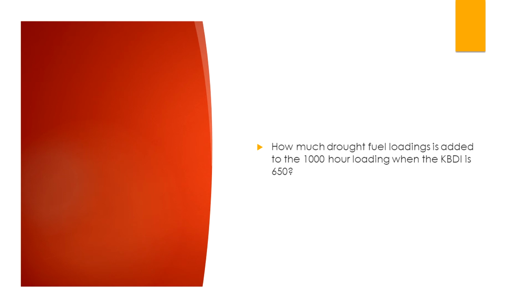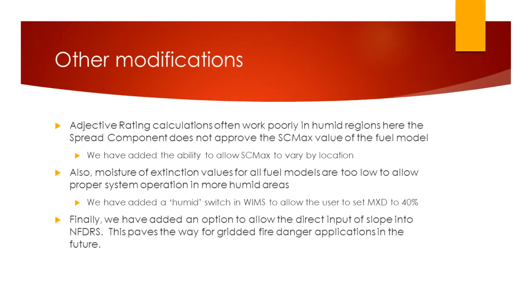So there's some other things that we did. We found a few things along the way. So for example, if you run NFDRS, calculate adjective rating in Florida, for the majority of the state of Florida, you will never have a single day where the adjective rating is extreme.